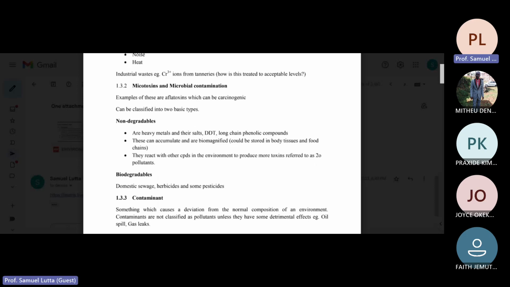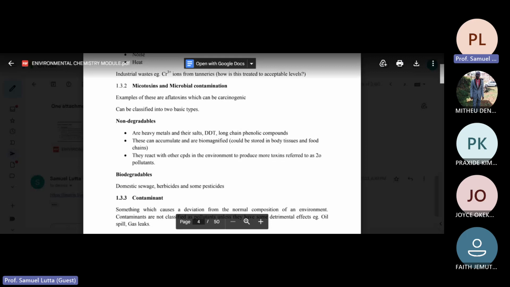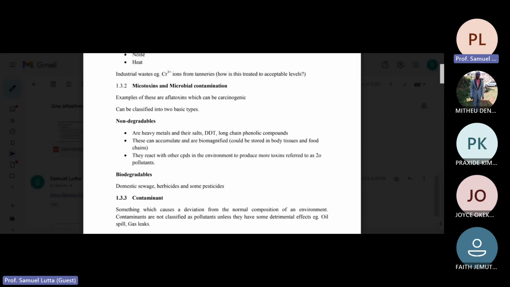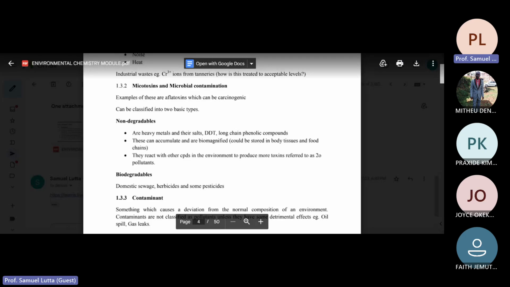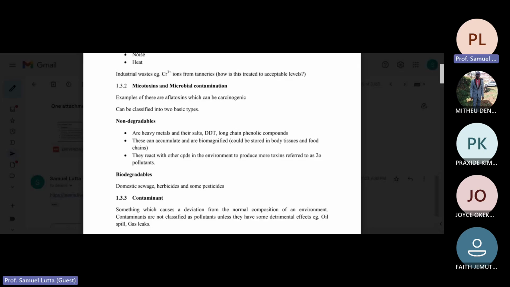So I think the important thing, talked about degradable, biodegradability, able to break down into friendly products. Heavy metals, they are not biodegradable. So they accumulate to a larger amount, and then they become biomagnified. Biomagnified means they keep on accumulating slowly, and then they accumulate where they are stored in the body tissues and food chains.